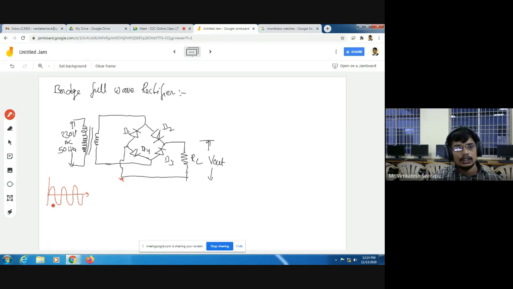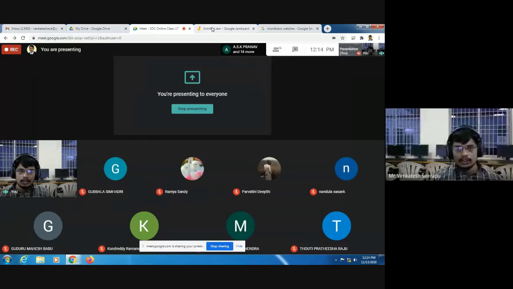We apply the 230 volts AC signal to the step down transformer, which decreases the amplitude of the signal. So here also we will get both positive and negative half cycles.